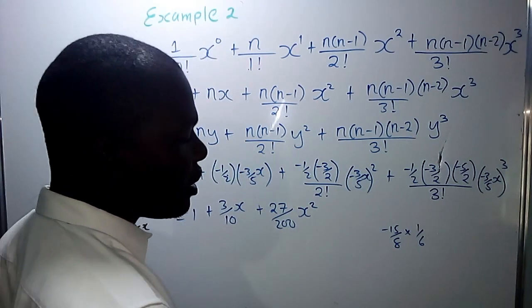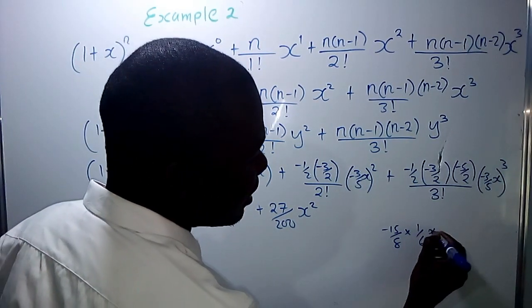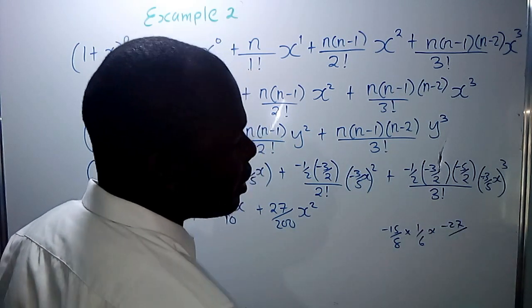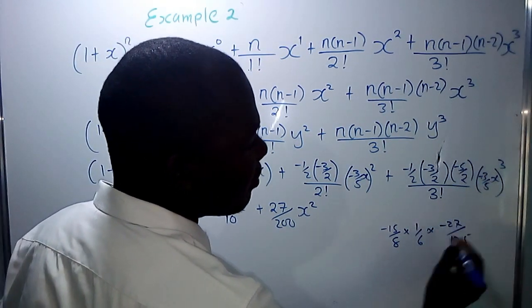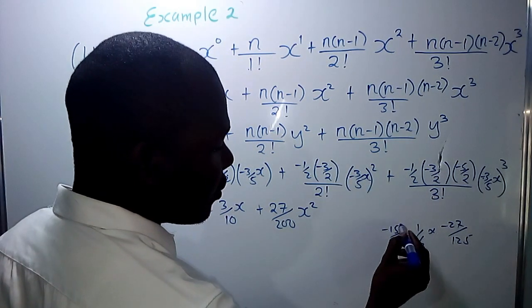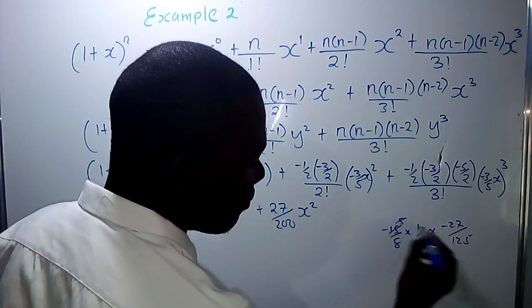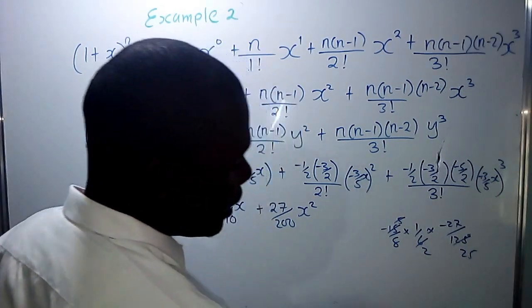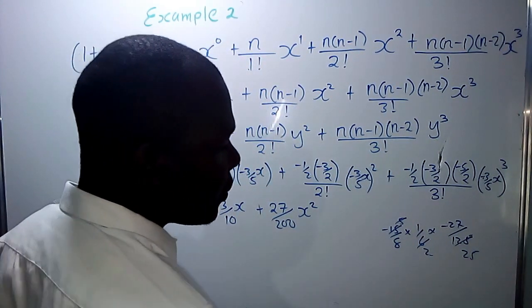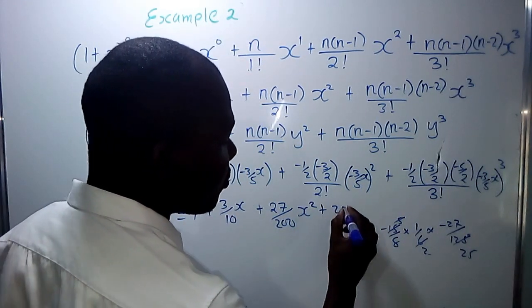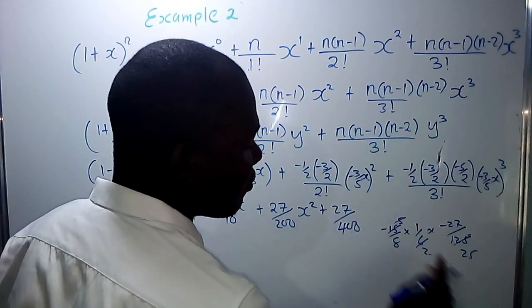Then we have it as times negative 3 cube is negative 27, 5 cube is 125, negative, negative, positive. So that is plus 27 over 400.